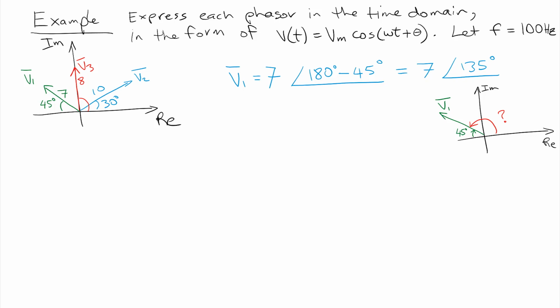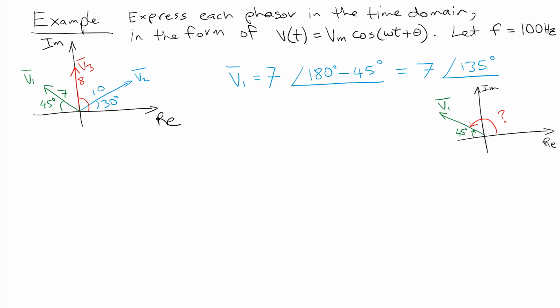So now we have to show the phase angle as a counterclockwise angle, moving as we see in the red. But we were given the phase angle as 45 degrees moving from the negative real axis. So we have to convert that.